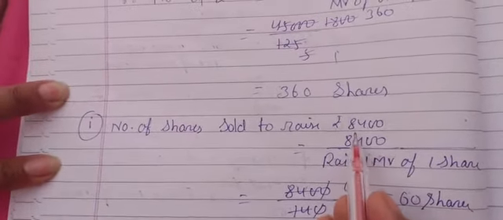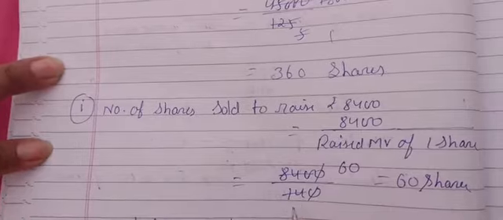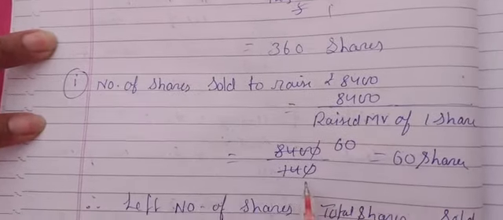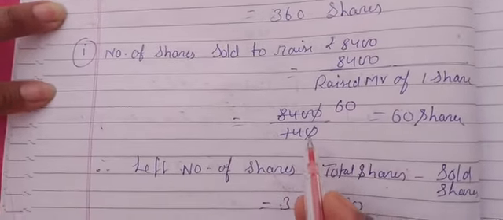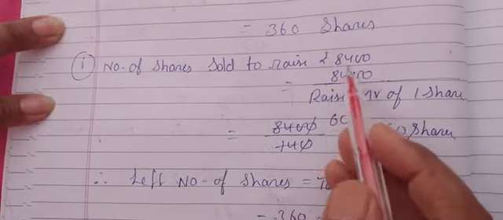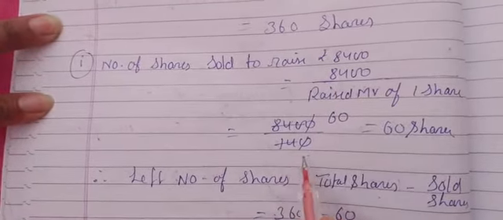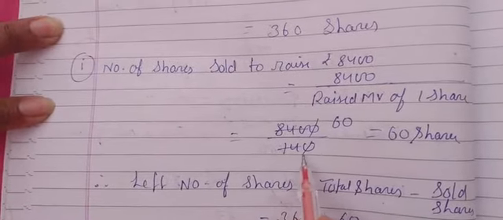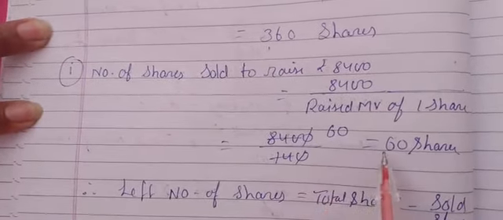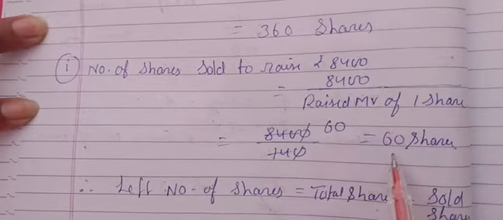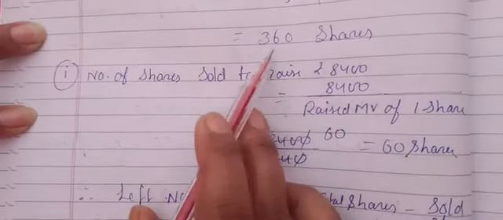When he sold his shares, the market value of each share was 140, not 125, and we have to find out how many shares he sold for 8,400 rupees. So 8,400 divided by the raised market value of each share is equal to 60 shares. It means he sold 60 shares out of 360 shares.